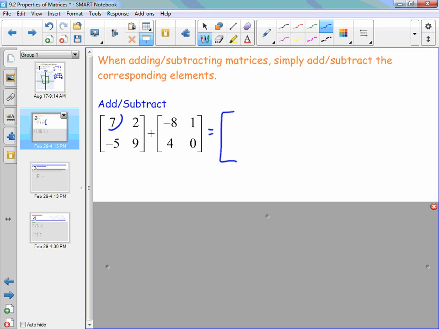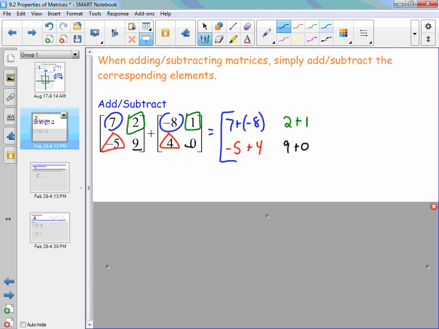So, corresponding elements. This is 7 plus -8. Two plus 1. -5 plus 4. And 9 plus 0.